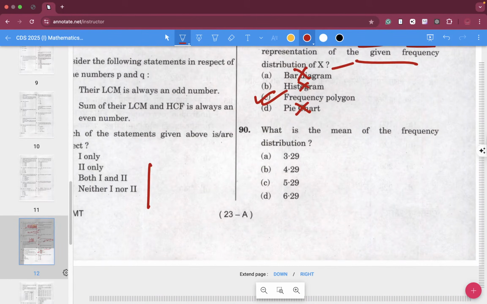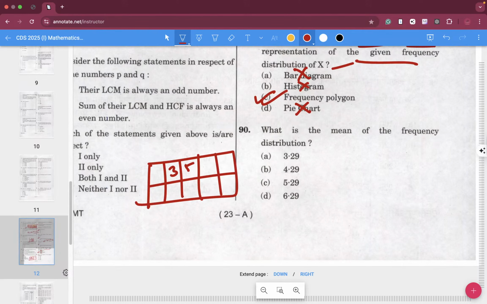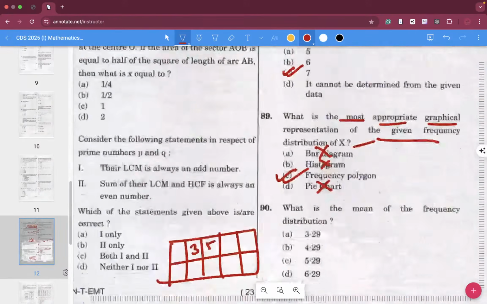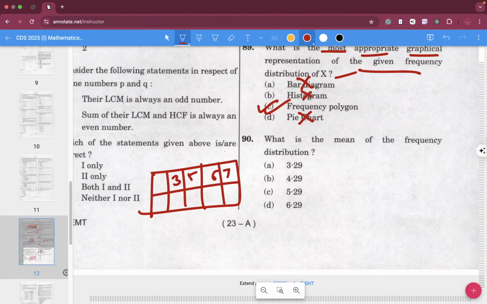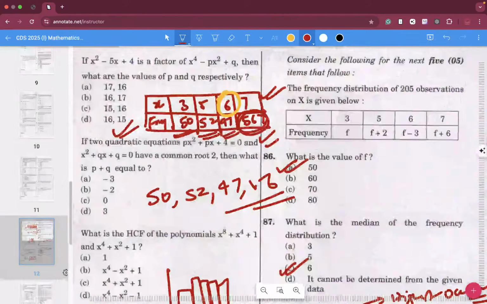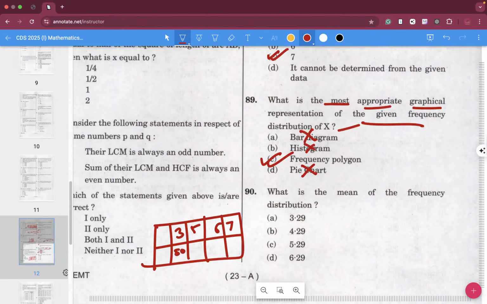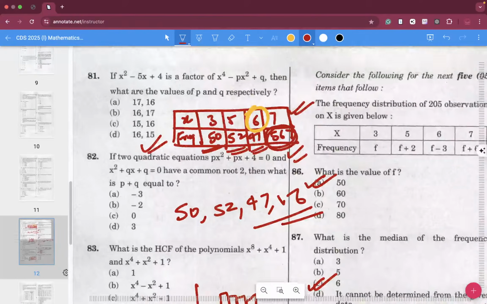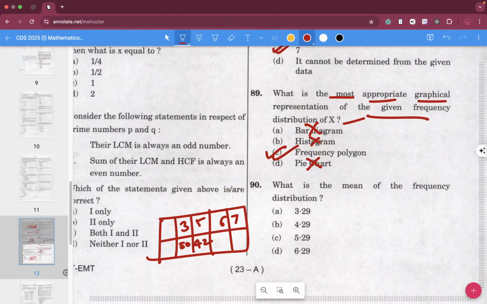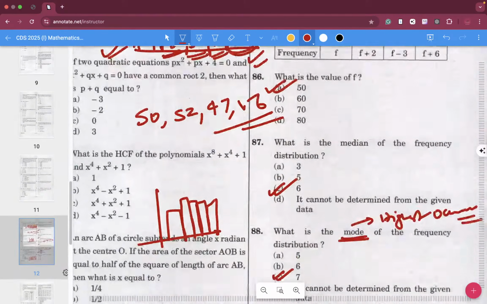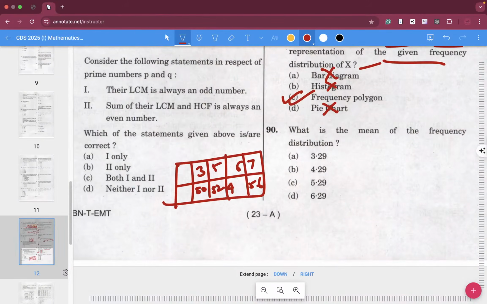The values were 3, 5, 6, 7, with frequencies 50, 52, 47 and 56.